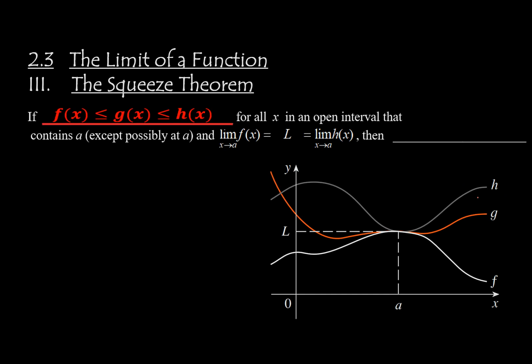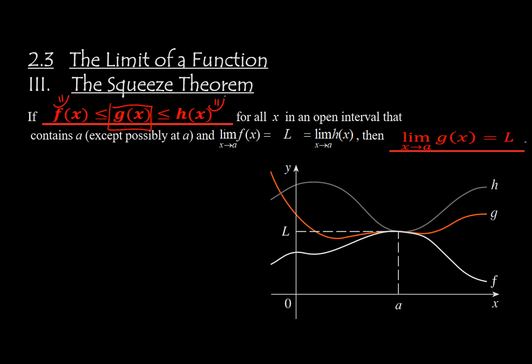So basically, you, G, are in between super chill Francis and super extra Harry for all values on your interval. And then, even if you can't find your limit, if you know Francis's limit and Harry's limit, then you know your own.